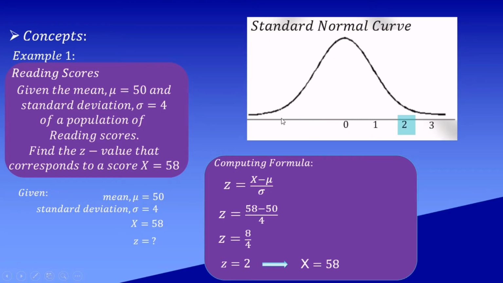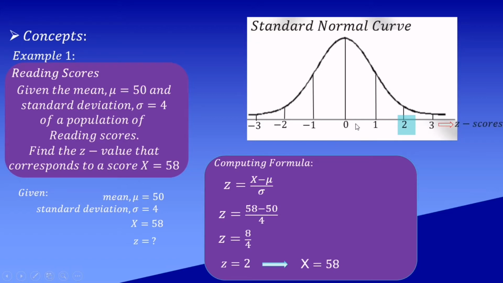So these are the positive z values, and below the mean, so we have negative 1, negative 2, negative 3. So then draw a line through the z values. Yan. And we have the z scores at the baseline of the normal curve.